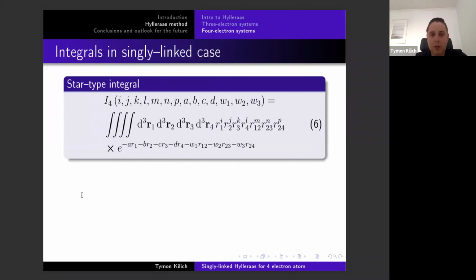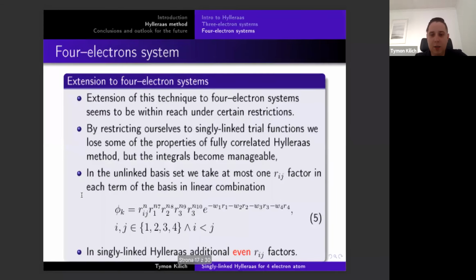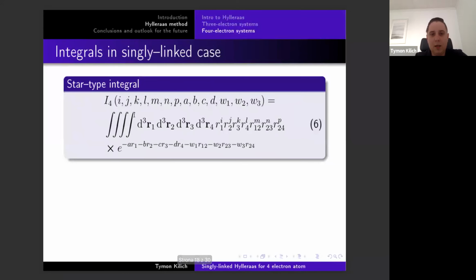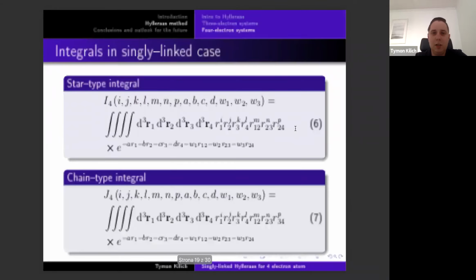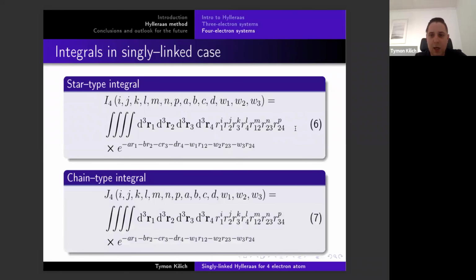So quickly about the integrals, if we restrict ourselves to this case, we arrive at integrals where we have at most 3 odd powers of Rij, so these correlation factors. And actually there are two kinds of these integrals.